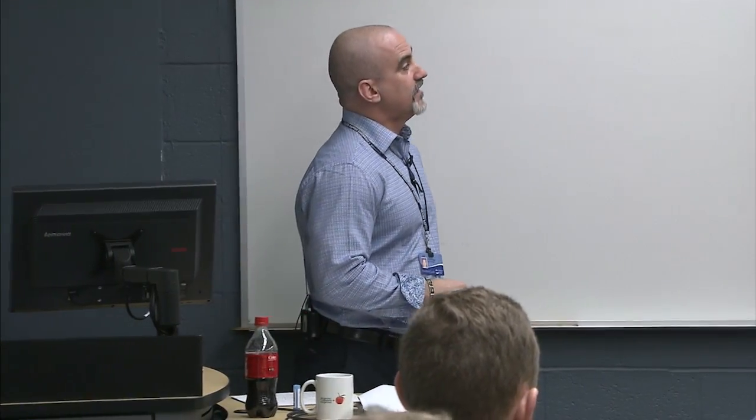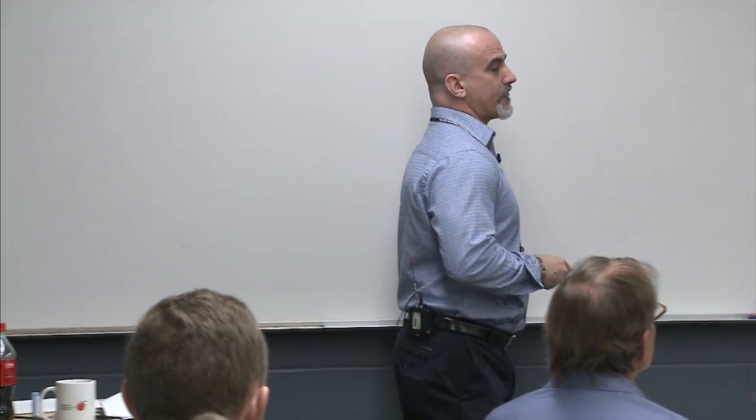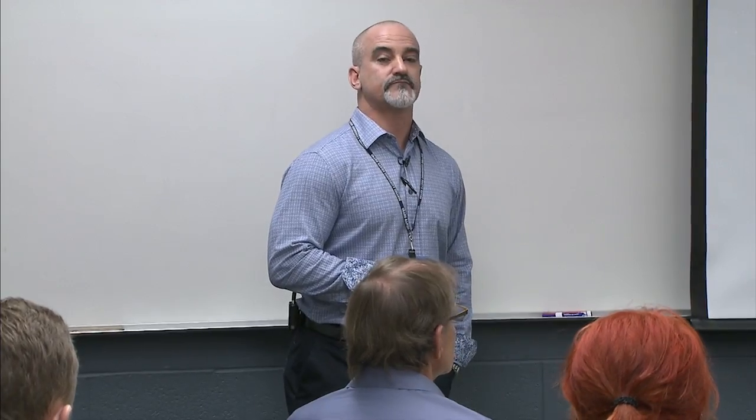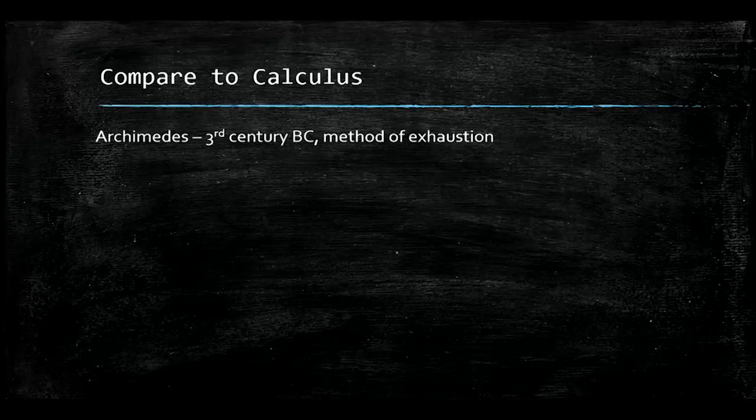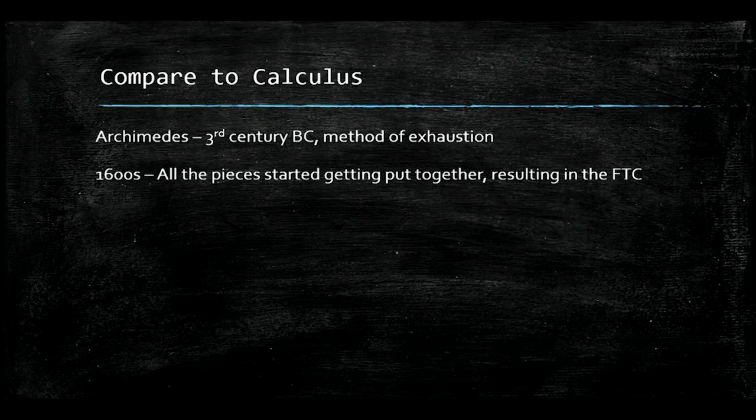So then we have calculus. Who's in calculus right now? Okay, got a few. So this one, Archimedes wasn't the first, but he developed at a pretty high level this method of exhaustion, which is a little bit like a precursor to integral calculus. But then not a lot happened for a while.